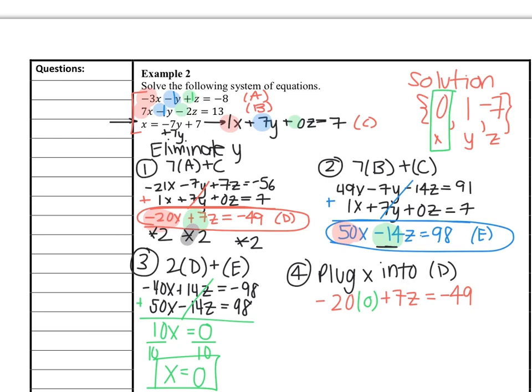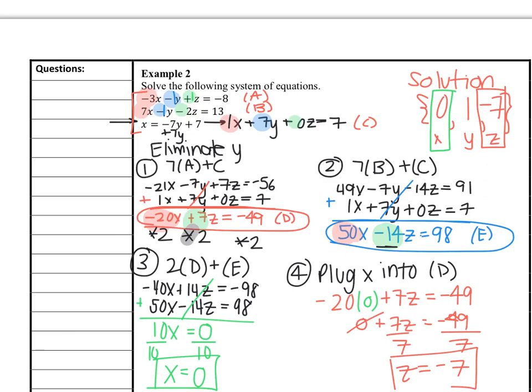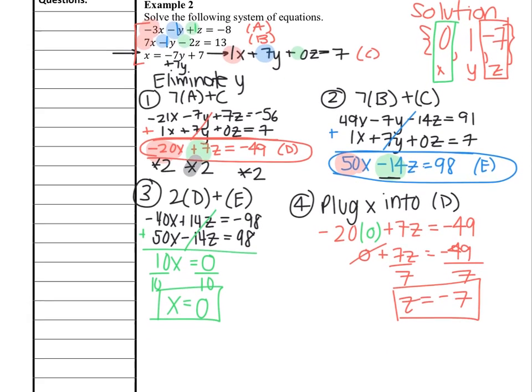So again, simple solving, we've got 0 here, plus 7z equals negative 49. 0 is just kind of gone. Divide by 7, and we have z equals negative 7 is what I'm finding. When I look back, woohoo, we did it right. Z is negative 7.